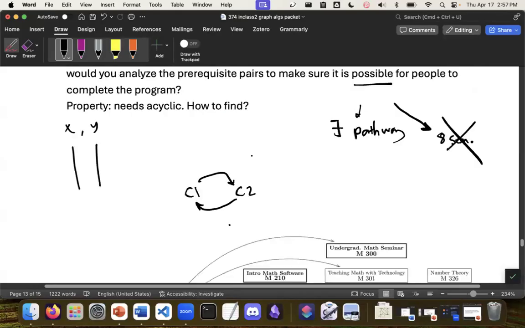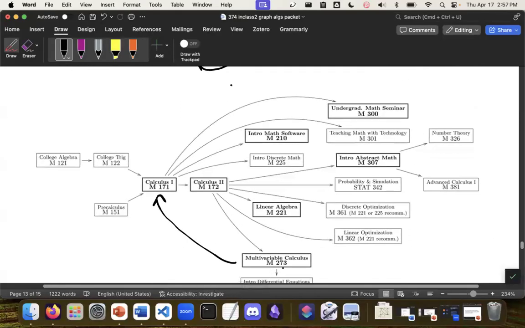But what if it's more broad, like Calc 3 goes to Calc 1, or maybe advanced Calc 1 is a prerequisite for Calc 1. Maybe if that cycle is bigger, how do we find that a cycle exists? All right, we've got maybe 13 minutes left till the end of class, so work on this.